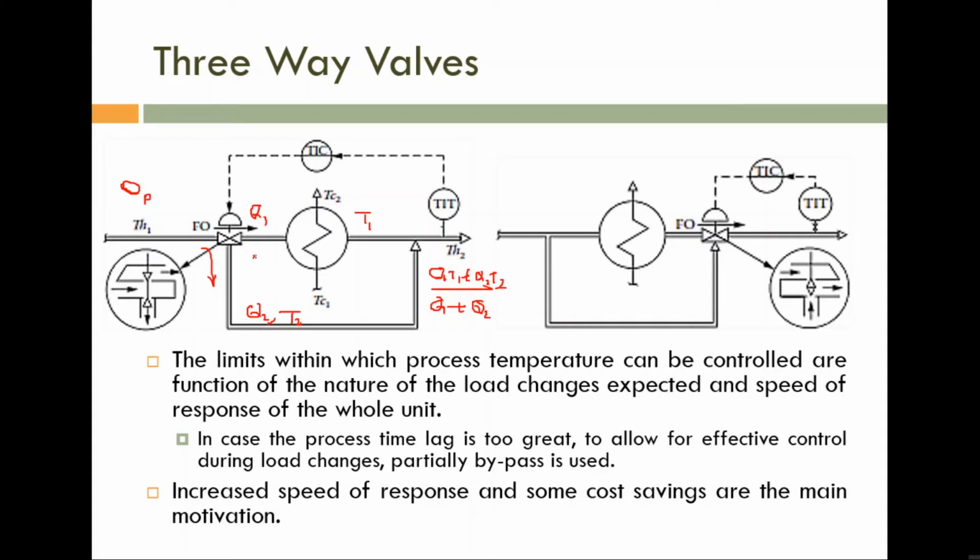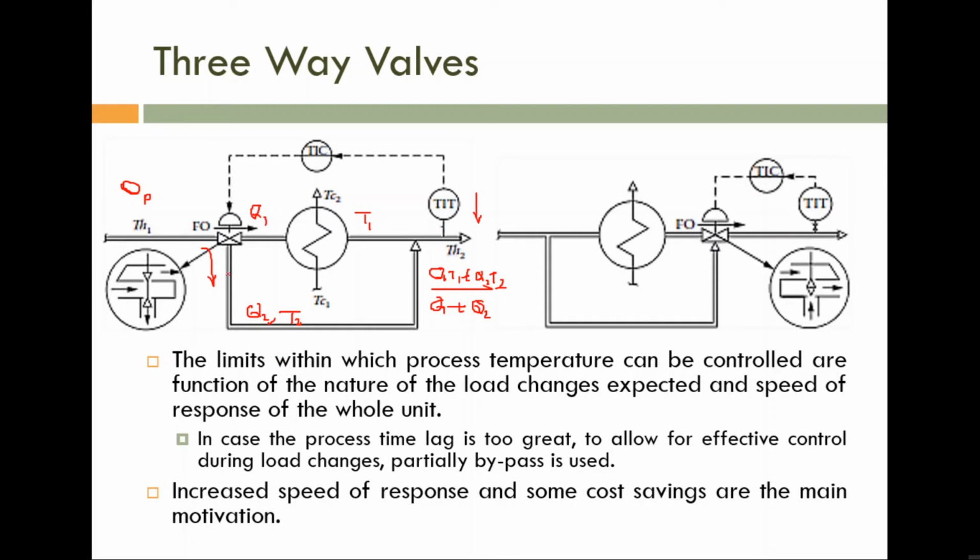So if Q1 is large, this quantity is large and this one is less effective. After mixing, what will happen? This T1 is small. After heat transfer, T1 is largely reduced, so the net value is decreased. Q1 is acting as a weightage of T1, Q2 as the weightage of T2. So as we are using a cooler, if Q1 is large, the net temperature is decreased.